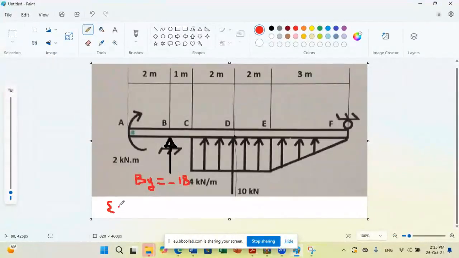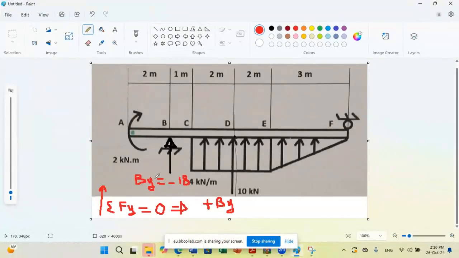Now if you apply sum of y equals 0, since I didn't change the direction here, it's always up. If I consider the upward direction as positive, I will put plus By, but when I replace, I will put minus 18 instead of By. Or you put plus By and you replace By by minus 18.